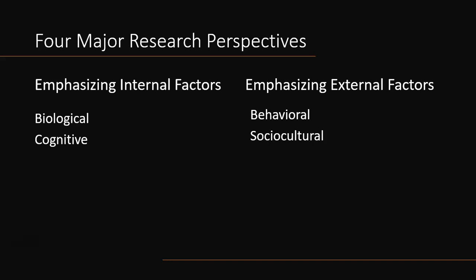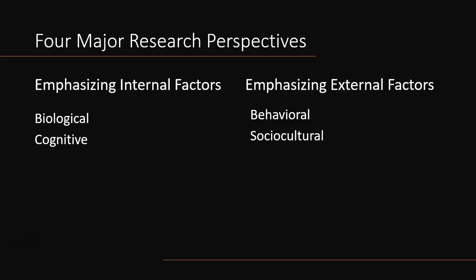And what your authors have done is to talk about emphasizing what they refer to as internal factors versus external factors. And by doing that, what they're saying is there are some things about the human experience that are generated from within the person, within their physical body. And then there are things that have an influence over our thinking, our behaviors, our emotions that come from the outside.